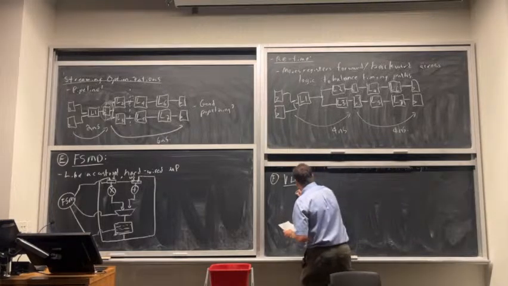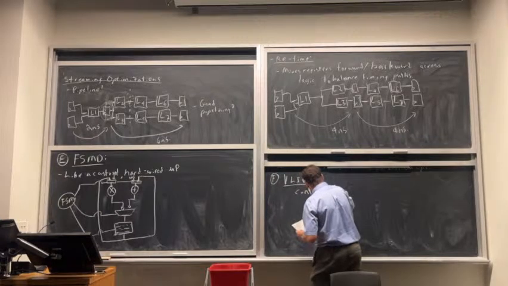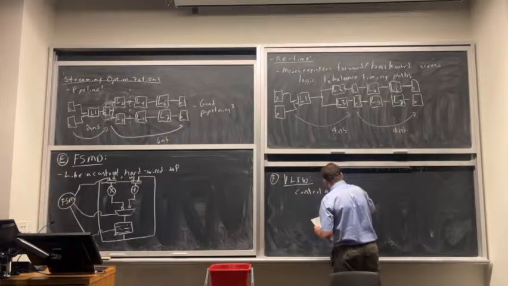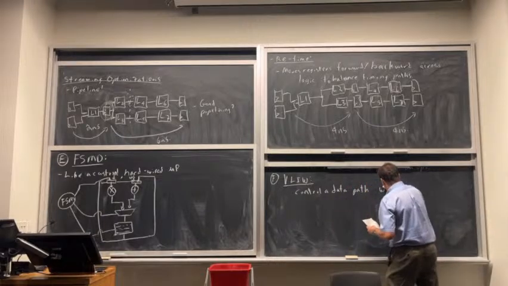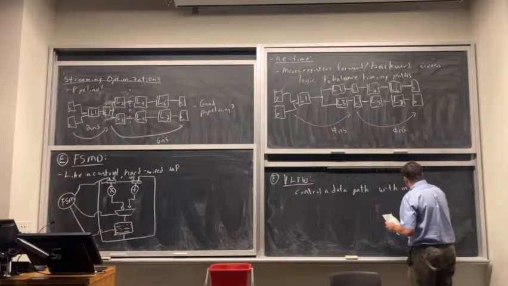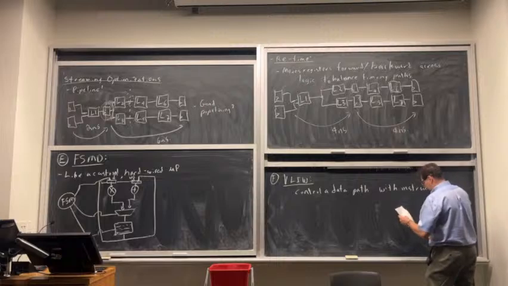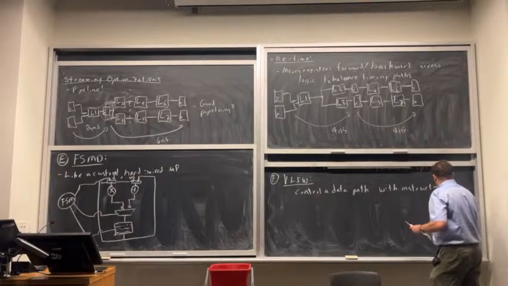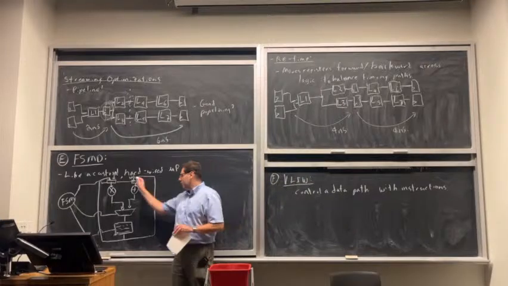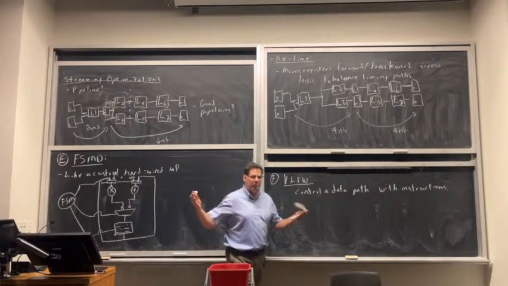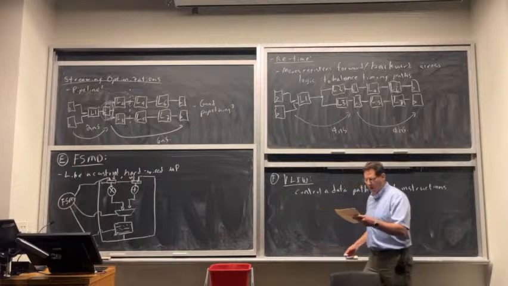Okay, so it's basically just controlling a data path with instructions. And if you make that data path complicated and you expose all of the control of it, your instruction word will tend to get long or wide.